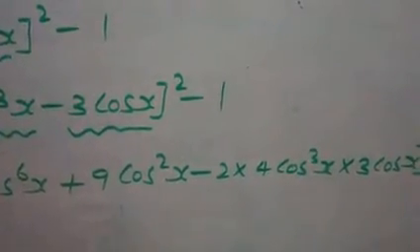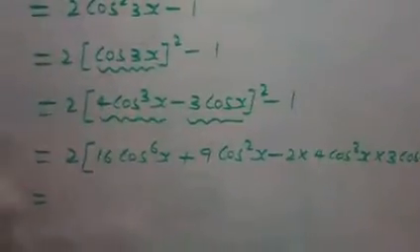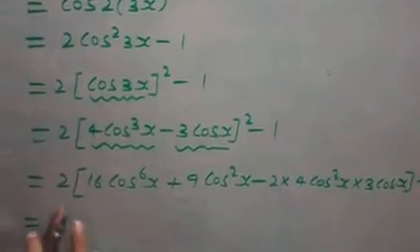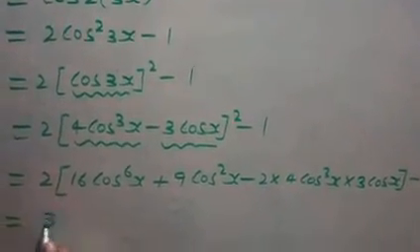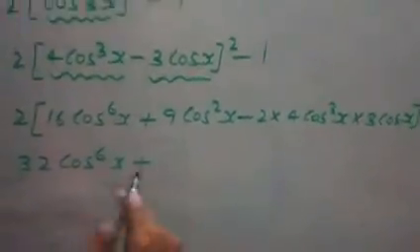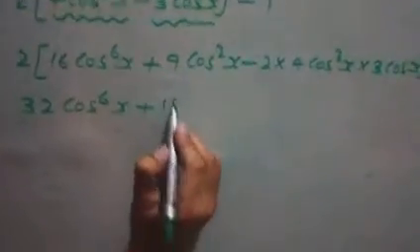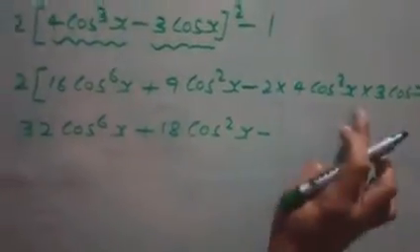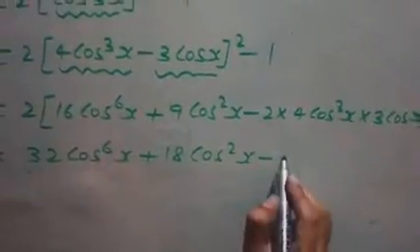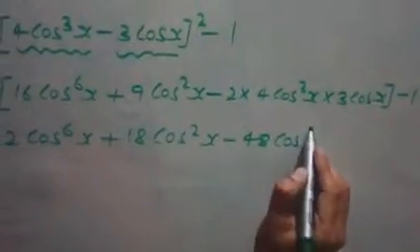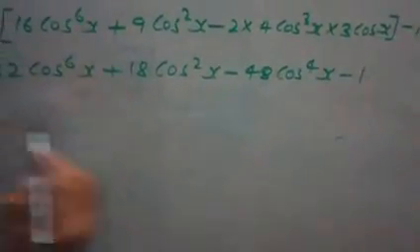After that minus 1. So 16 2s are 32, so 32 cos 6x, plus 9 2s are 18 cos square x, minus 4 3s are 12, 12 2s are 24, 24 2s are 48, 48 cos cube x and cos to the power 4x, and the last one is minus 1.